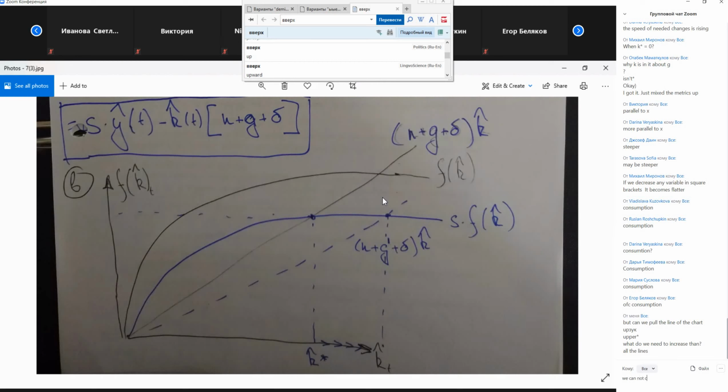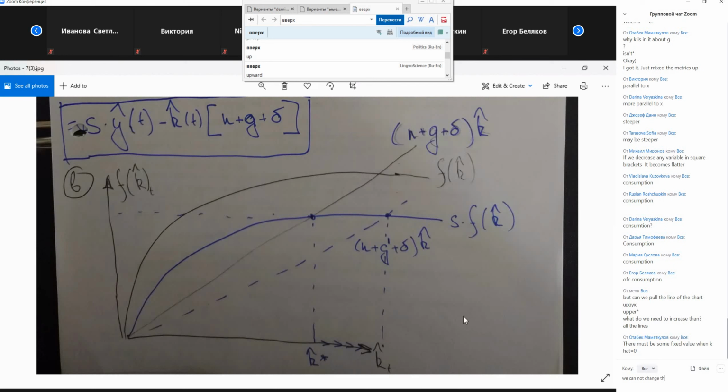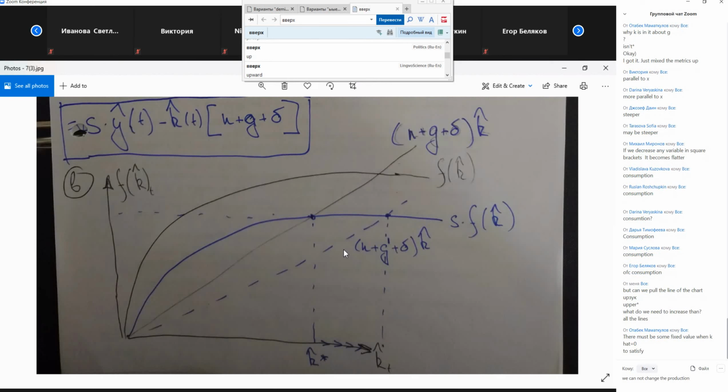Yeah, so of course, we could also make this Cobb-Douglas function richer with another level of technology, another technological parameter.